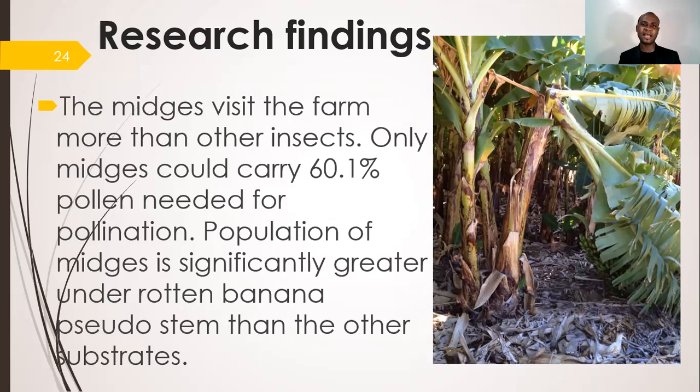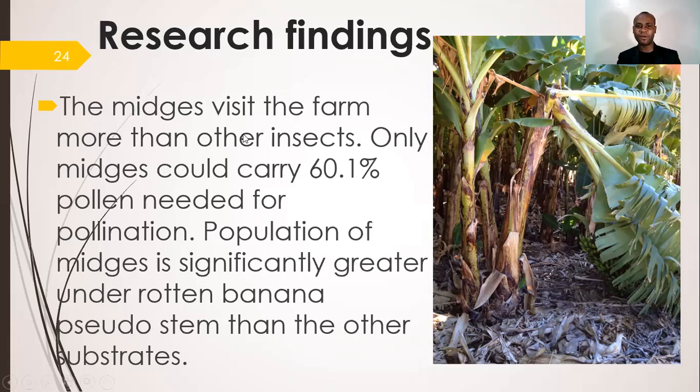So what that means is that for the entirety of pollination on the farm, the midges carry about 60% of the pollen grains, which means that the population of midges is significantly greater, okay? And they breed in rotten bananas, pseudostems, and other substrates, okay?